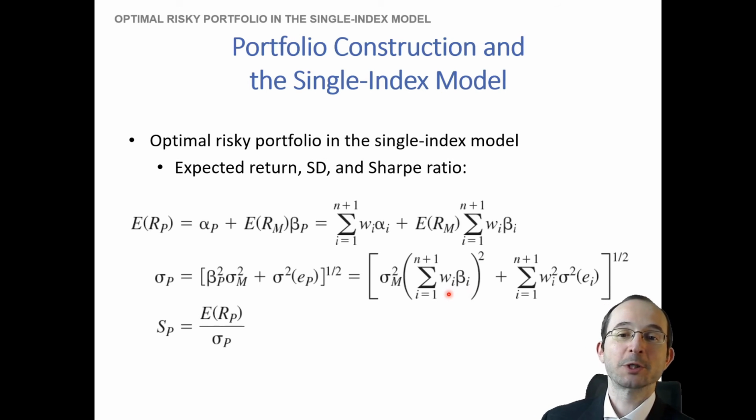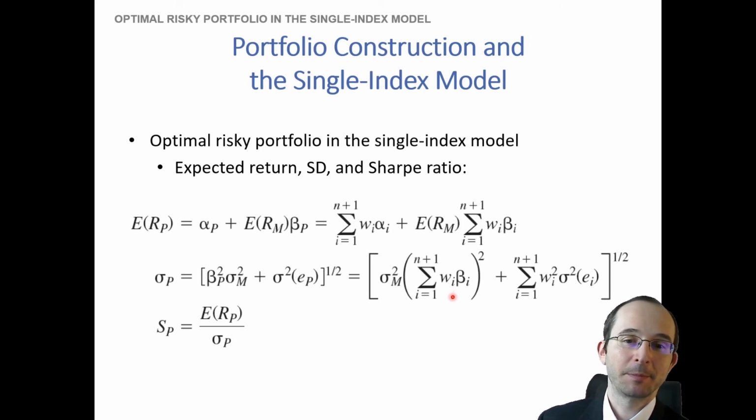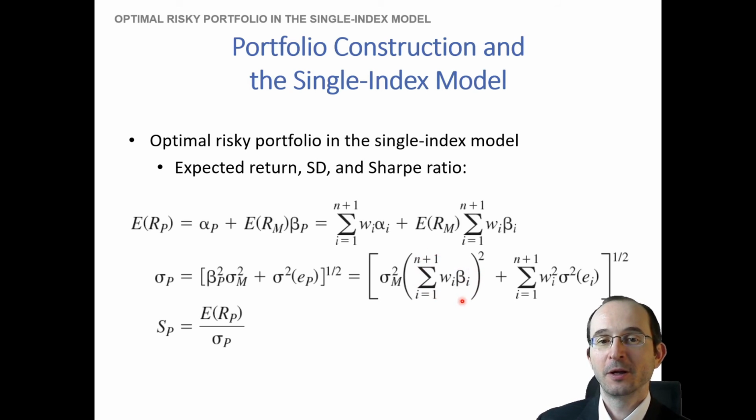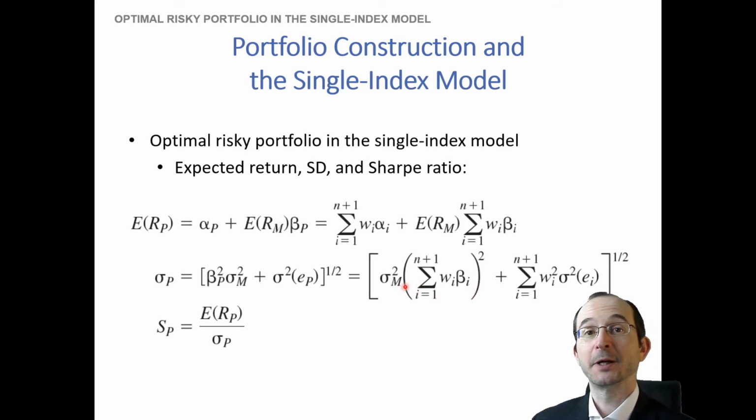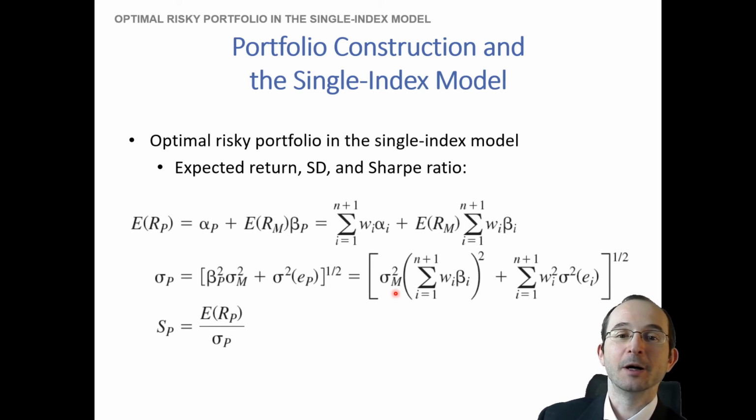We take the proportion of each of the portfolio assets in the portfolio, multiply the beta of that asset by that proportion, add them all up, that gets us the beta of the portfolio, and all we do is just square that. That is our portfolio beta squared. And to get the systematic risk of our portfolio, all we need to do is multiply that portfolio beta squared by the variance of the market portfolio that we had forecast already.